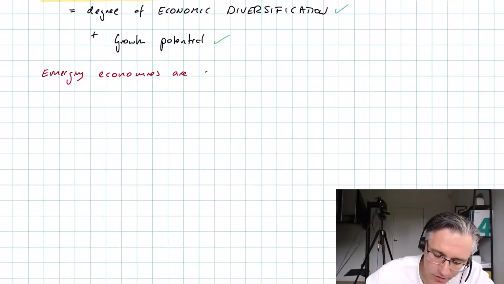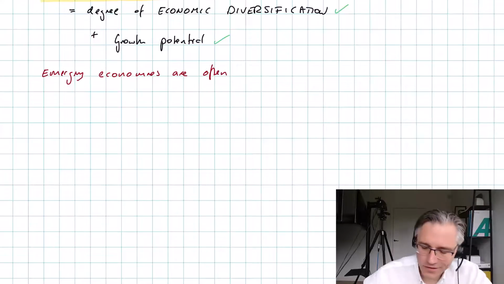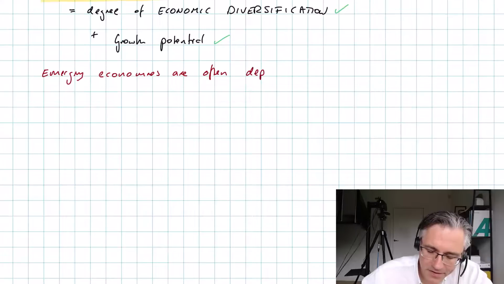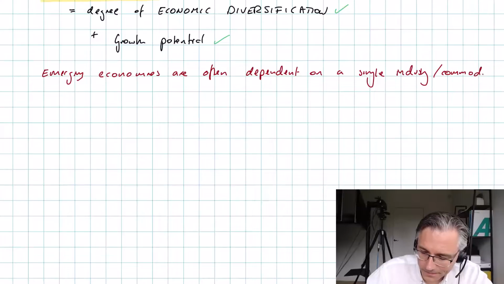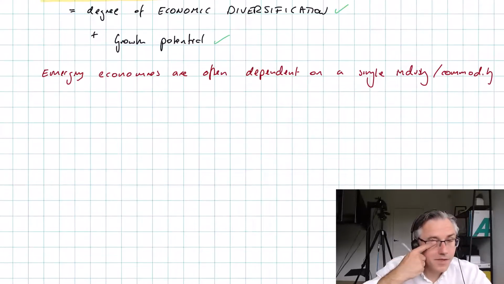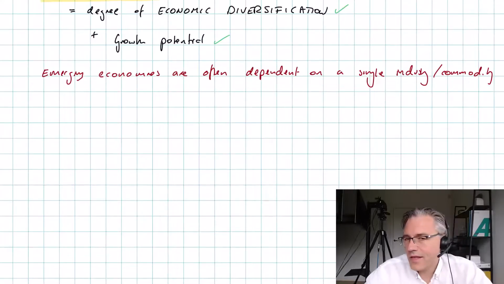Economies are often the opposite of being diversified. They're often dependent on a single industry, for example, often a single commodity, some kind of natural resource. And as a result of this, they're going to be very sensitive.